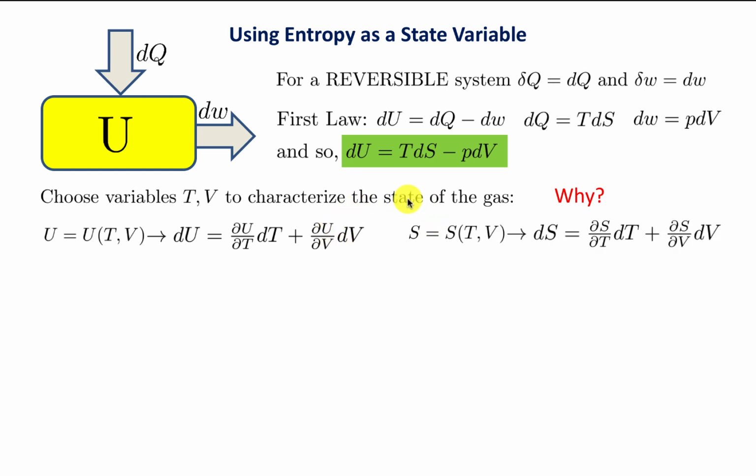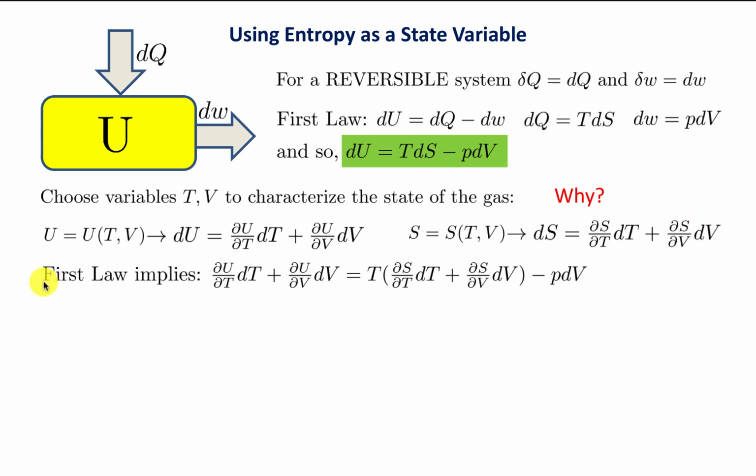We will also write the entropy as a function of the temperature and the volume, which means that the small change in entropy upon changing the temperature slightly and the volume slightly is this. And just to save space, I have not written it, but it's understood that this is the partial derivative of S with respect to T at constant V, and this is the partial derivative of S with respect to V at constant temperature.